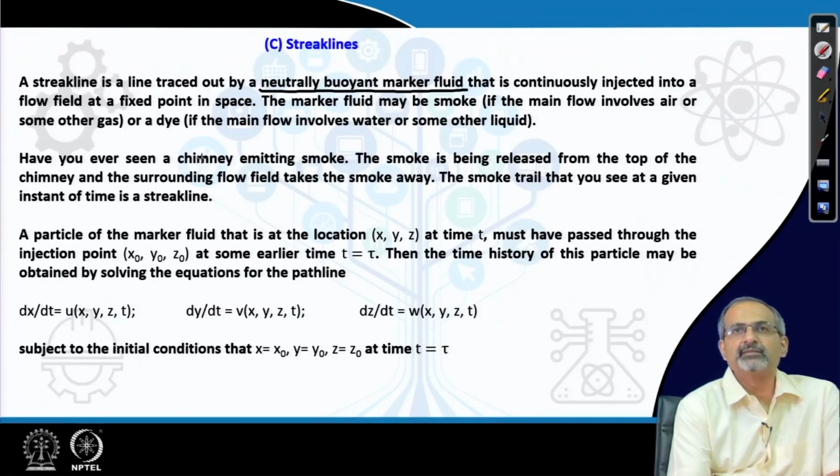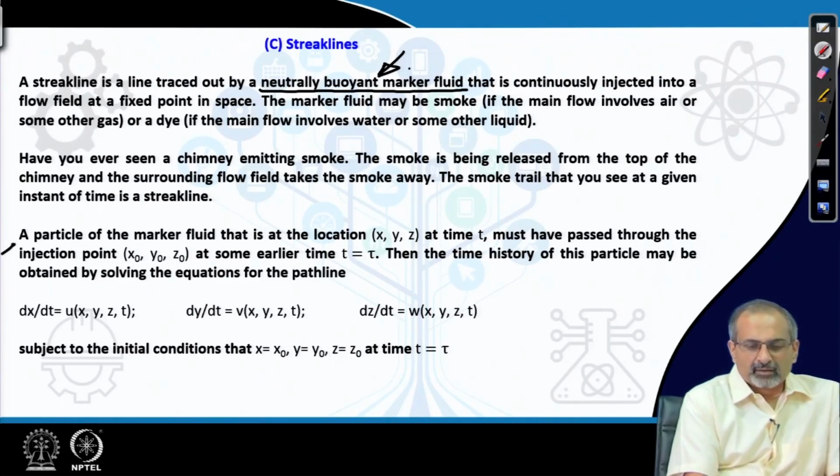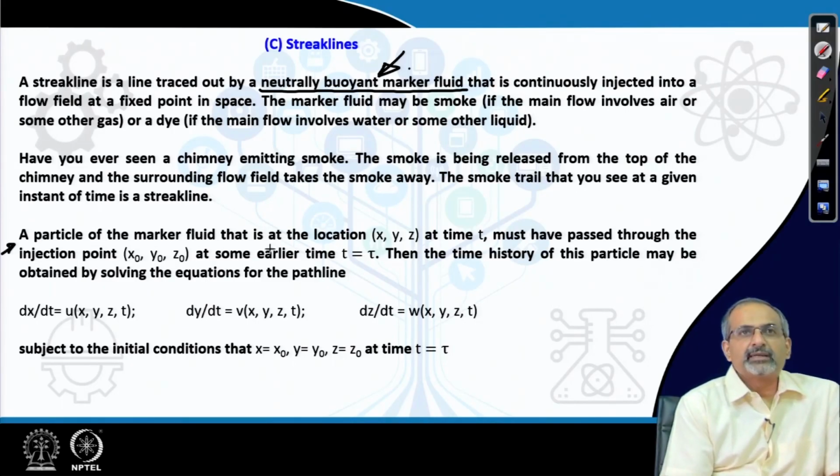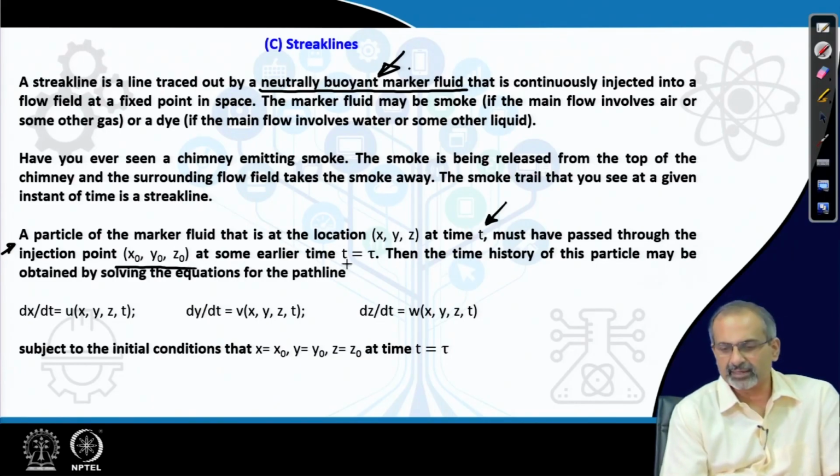The smoke is released from the top of the chimney, and the surrounding flow field takes the smoke away. The smoke trail that you see at a given instant of time is somewhat similar to a streak line, as long as it follows this principle. It does not always do so though. A particle of the marker fluid that is at the location (x, y, z) at time t must have passed through the injection point (x0, y0, z0) at some earlier time t equal to tau.